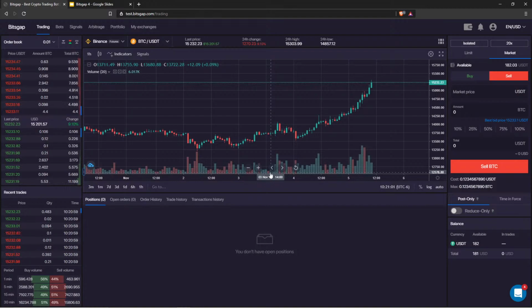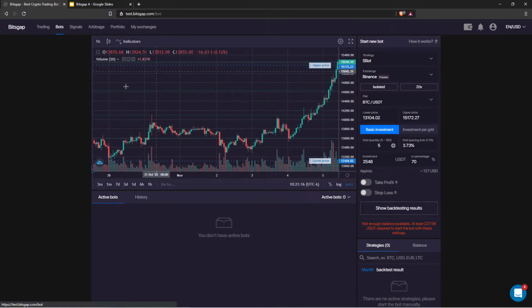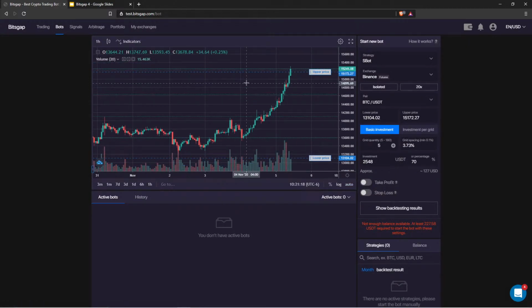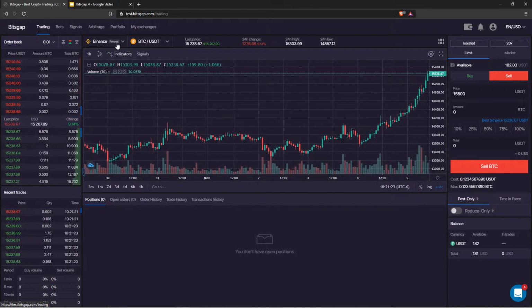So that's just like a copy of the Binance decision-making panel, so that you would be able to not only trade through Binance, but as you are using the spot market and bots, like automated algorithms, on Bitsgap, it makes sense to have futures here as well.